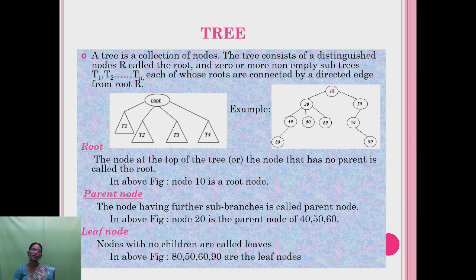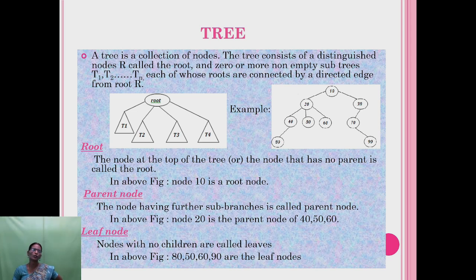Also 40 is a parent node because 40 is the parent of 80. Also 20 is the parent of 40, 50 and 60, and 30 is the parent of 70. Also 70 is the parent of 90. That means a node having further sub-branches is a parent node.